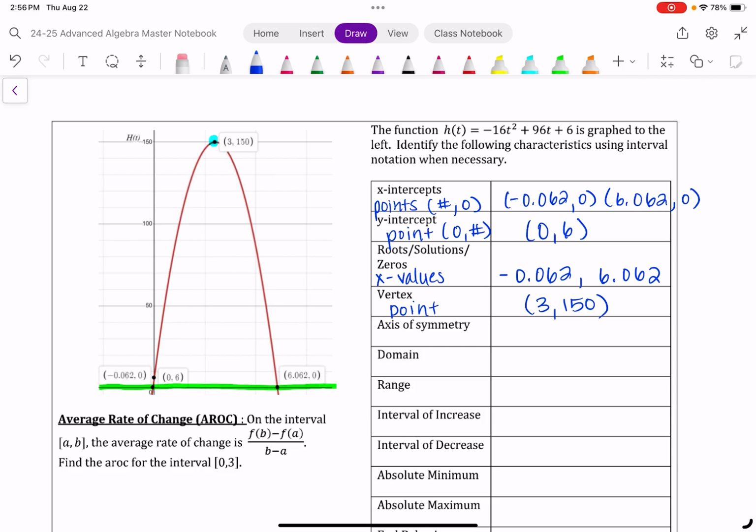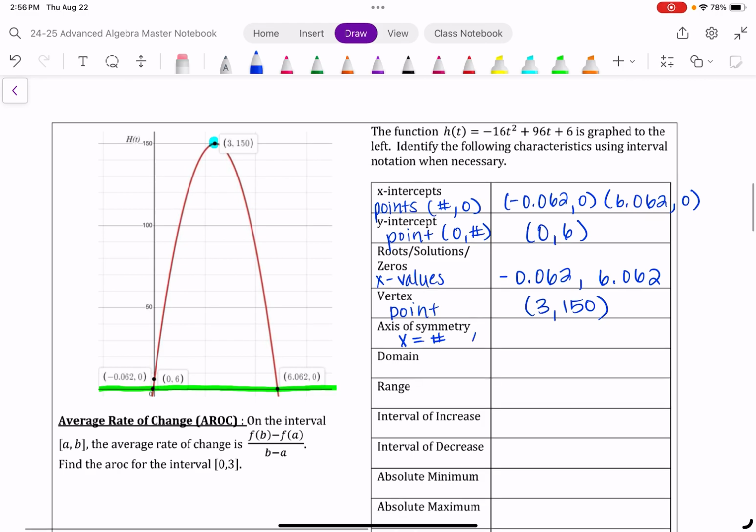Now we're going to talk about something called the axis of symmetry. The axis of symmetry is a line with which you can fold the graph in half. It is always going to be written as the equation x equals a number. And to find that number, I'm going to make a little asterisk. You're going to use the formula x equals negative b over 2a. Now you may ask me where these numbers come from. A quadratic function is written ax squared plus bx plus c. We are looking for a and b to be used in this equation.